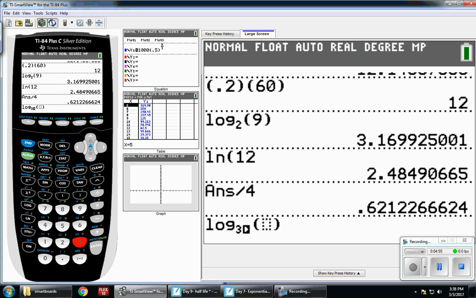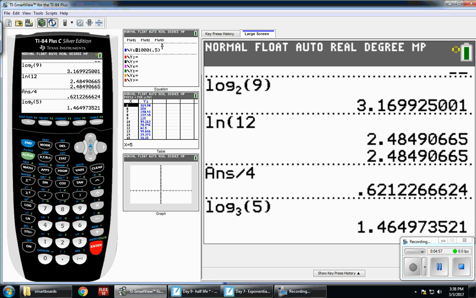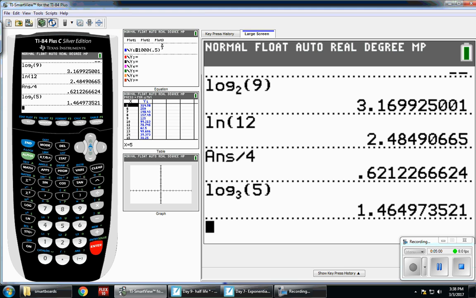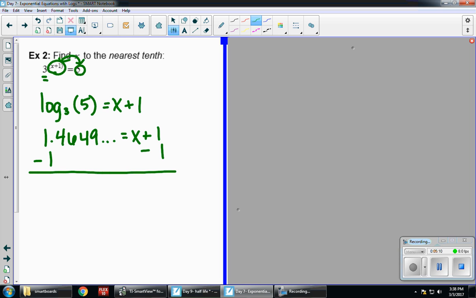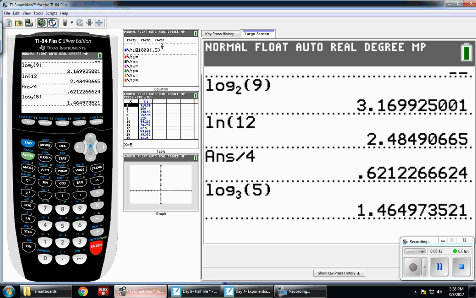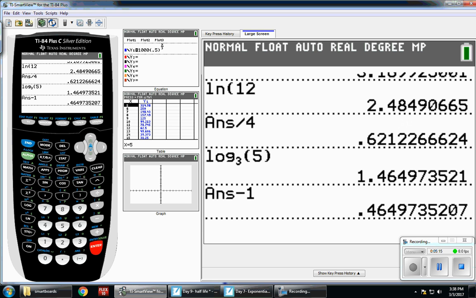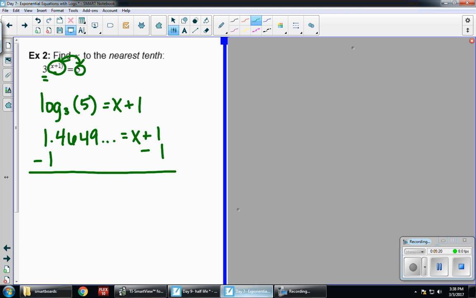So log base 3 of 5, 1.4649, is equal to x plus 1. I'm going to subtract 1 on both sides. 0.46497, and so on. They want it to the nearest tenth, so x equals 0.5.